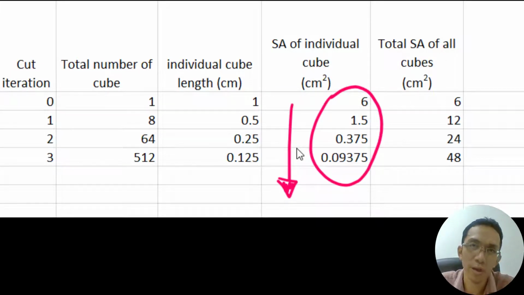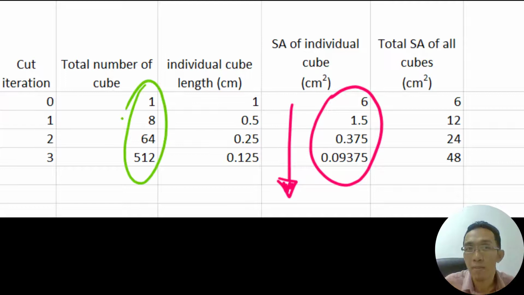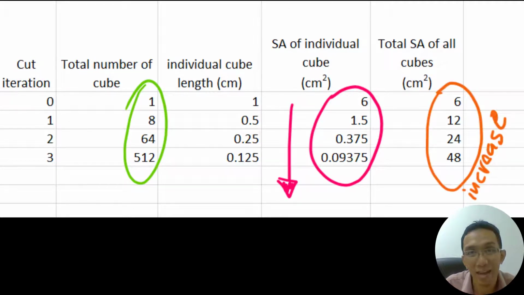It's important to note that when things get smaller, their individual surface area decreases. If you have this one cube shrink to this cube, of course it possesses a smaller surface area. But if going smaller means that you have to chop this big cube into many smaller cubes, then the cumulative surface area of those smaller cubes will be far higher than the surface area of the original cube.